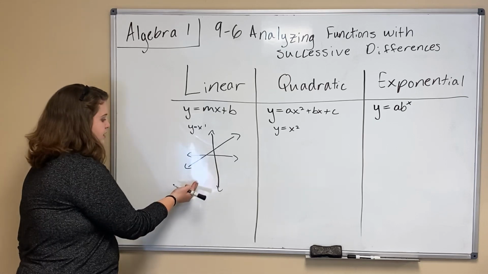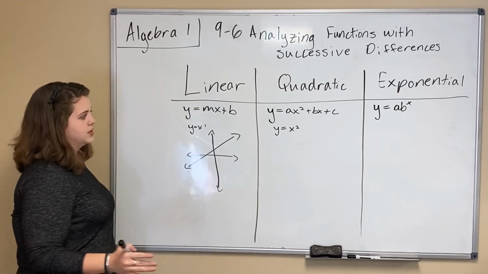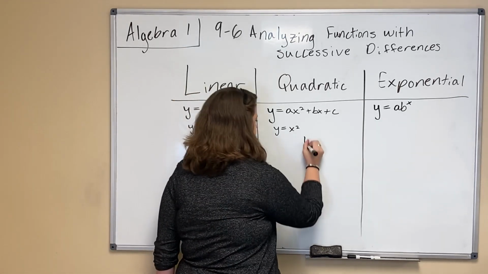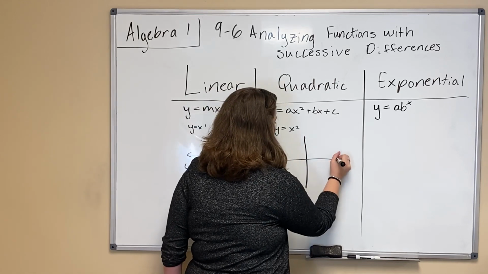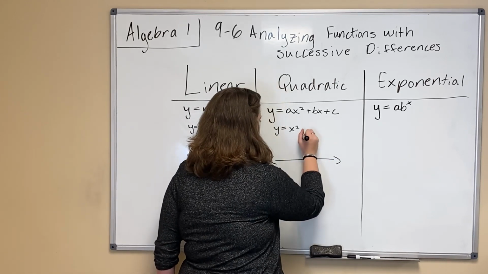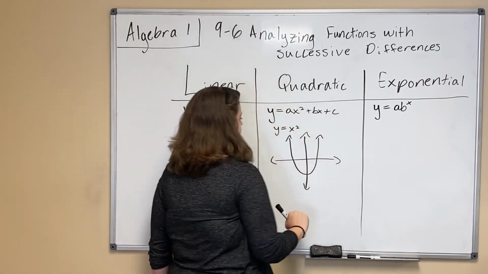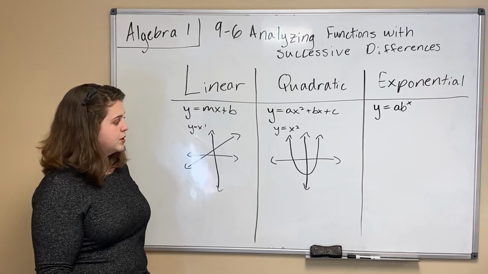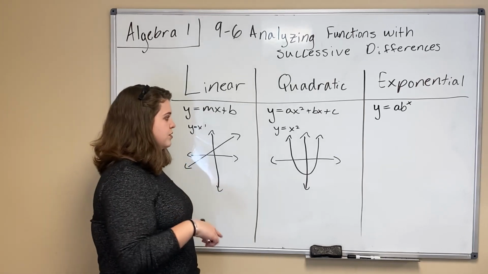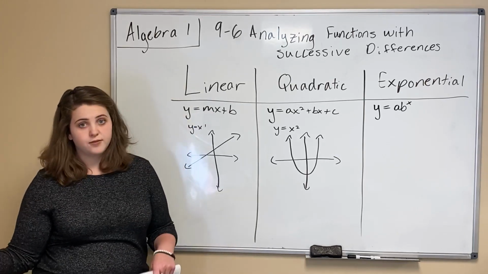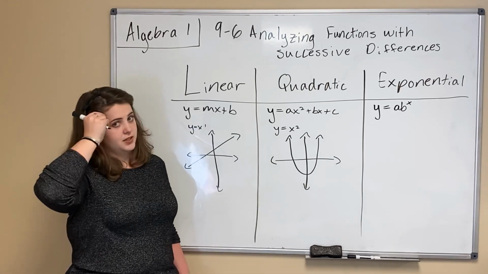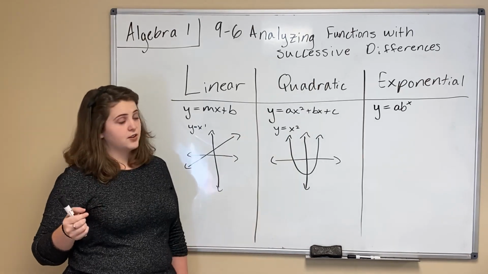If you see a graph that's a line, you know that it's a linear function. With a quadratic function, when we look at its graph, it's always going to be a parabola. It could be up or down, but it is always going to be a parabola. So if you see a graph of a parabola, you should automatically think in your head, this is a quadratic function.